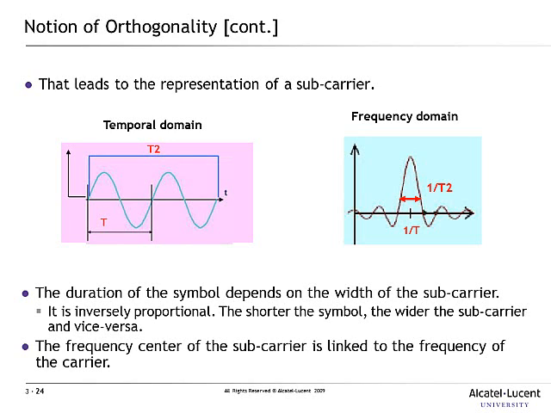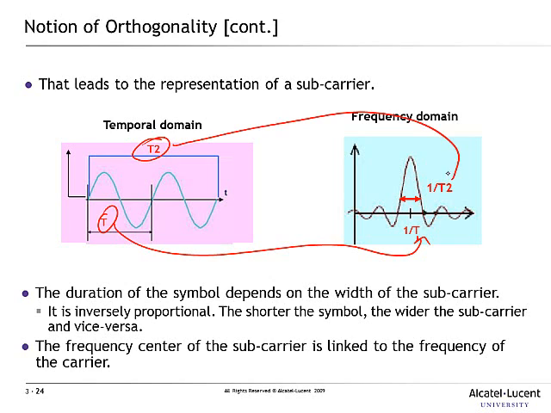The period of the sine wave corresponds to the center frequency, whereas the duration of the sine wave corresponds to the width. So if you increase the duration of the sine wave, then the width of the sinc function will decrease.